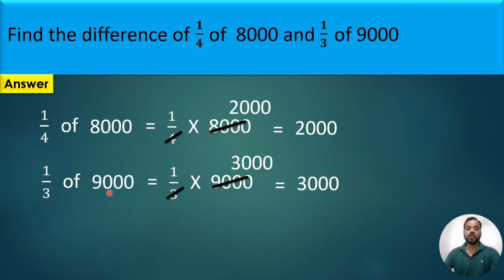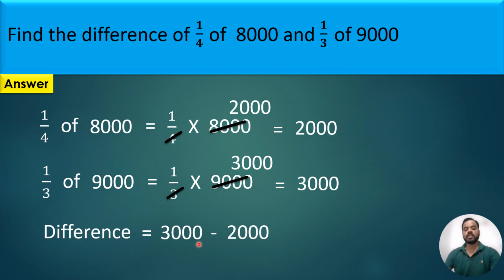So 1 by 3 of 9000 is 3000. Now we have to calculate the difference. We will subtract the smaller number from the greater number. So the difference is equal to greater number minus smaller number. 3000 minus 2000, which is equal to 1000.